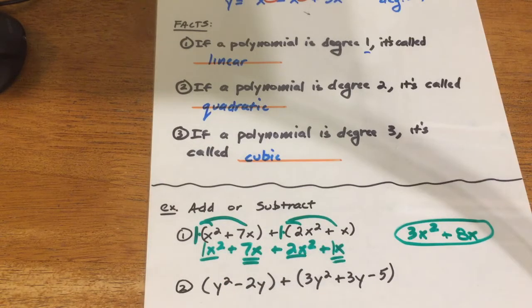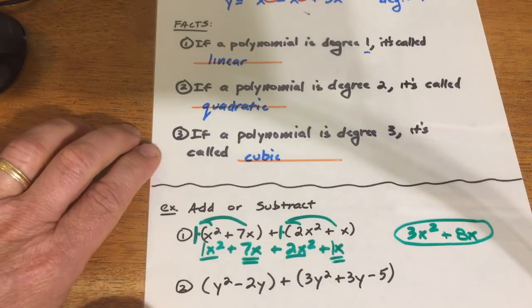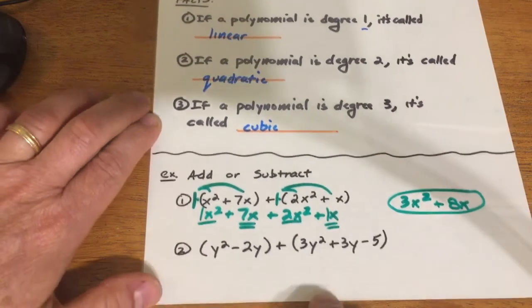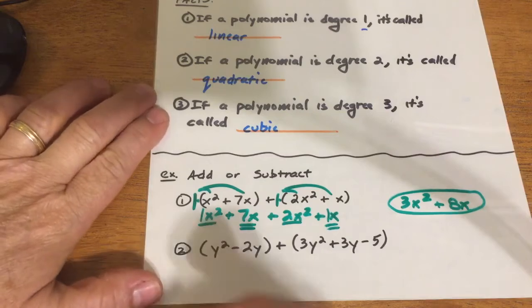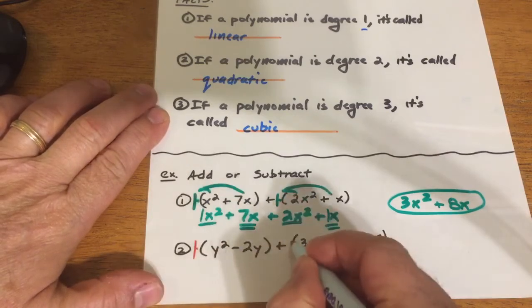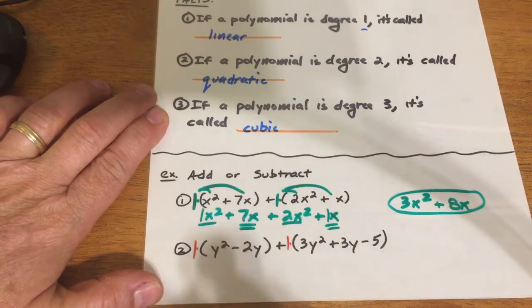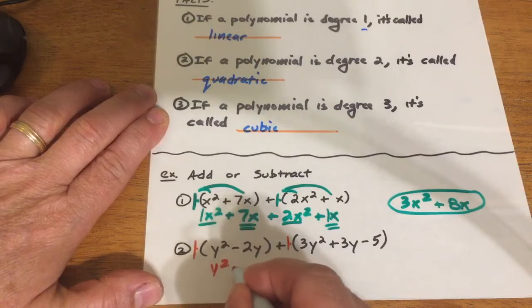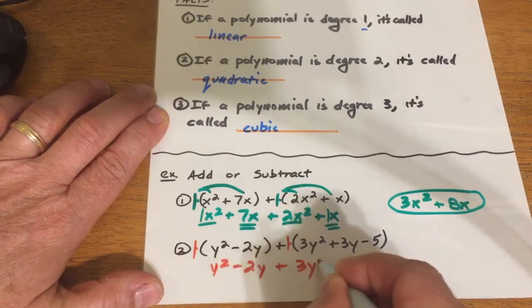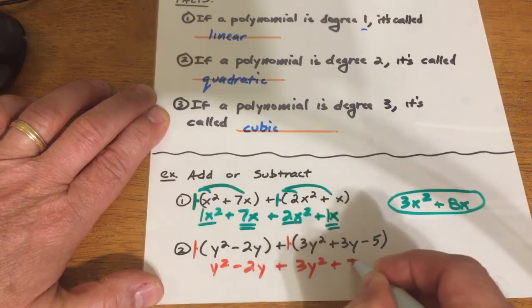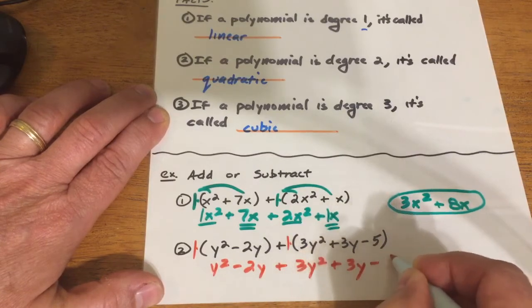We can do number 2 similarly to number 1, so pause the video, give it a try. Okay, hopefully you got an answer of 4y squared plus y minus 5. Let's go through that. We'll multiply by 1 again, multiply by 1, distribute. At this point in time, the distributive property you should know like the back of your hand. You should know that very well.